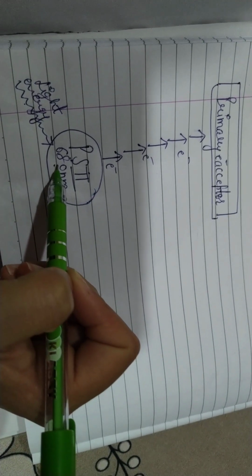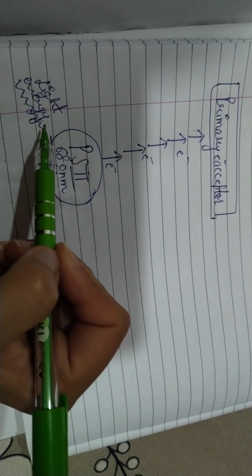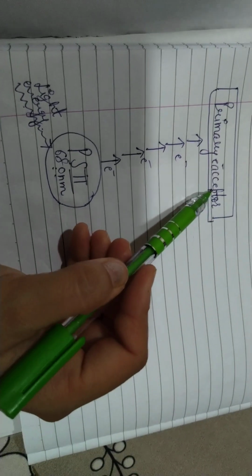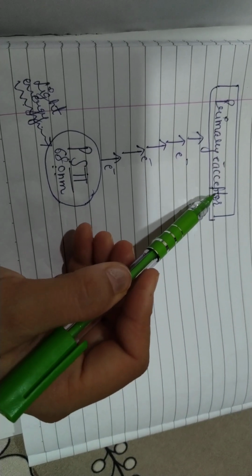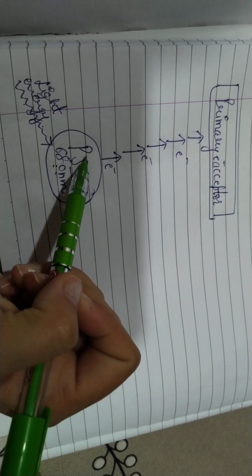And how are the electrons released from here? By absorbing light energy. So now electrons have reached the higher energy state from the ground state.